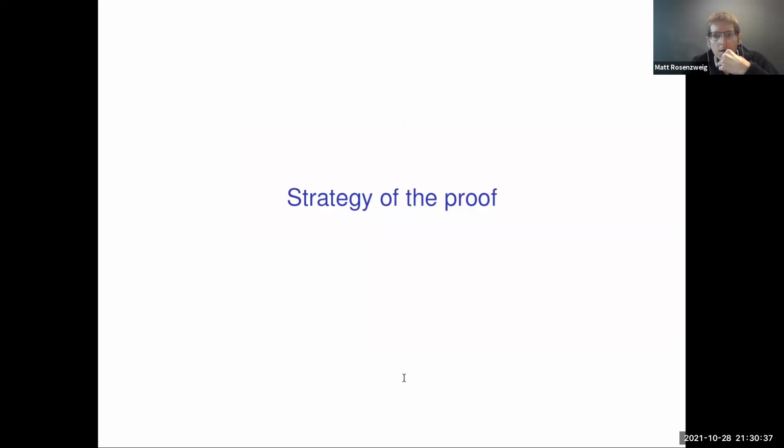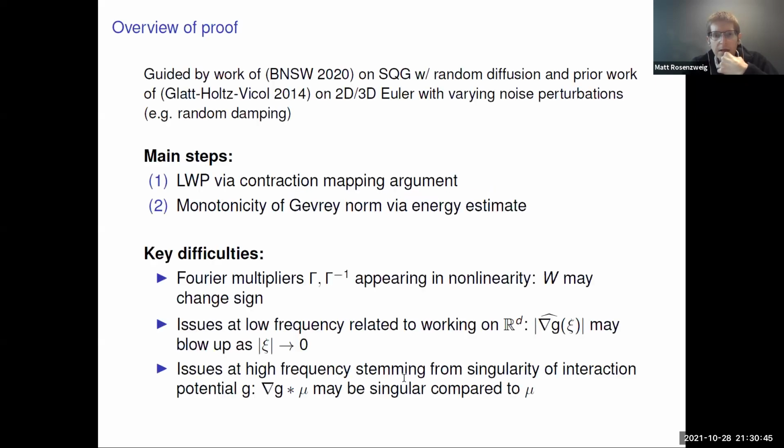So with that, I want to make a few comments on the strategy of the proof, beginning with a high-level overview. We're indebted to several ideas from prior works by Buckmaster et al., which itself drew on this earlier work of Glatt-Holtz and Vicol.